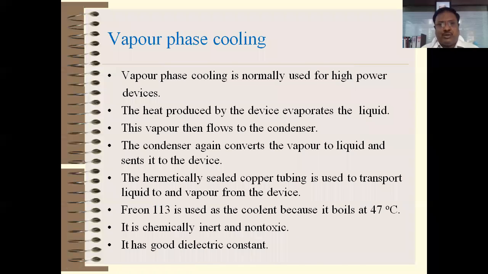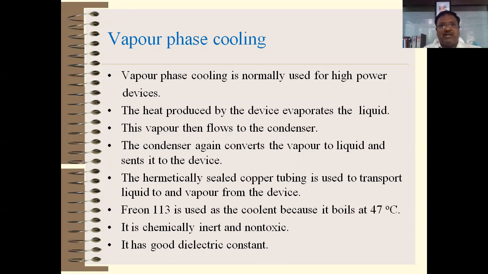If the temperature produced by the power devices is more, normally vapor phase cooling is used, when you are using SCRs, because SCRs are used for very high power ratings. So vapor phase cooling is the most effective cooling technique compared to all these three previously learned techniques. But it is costly.